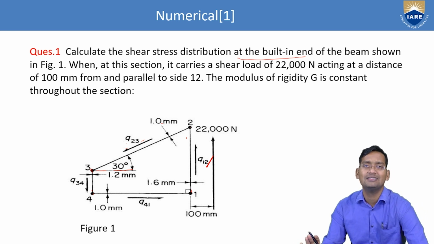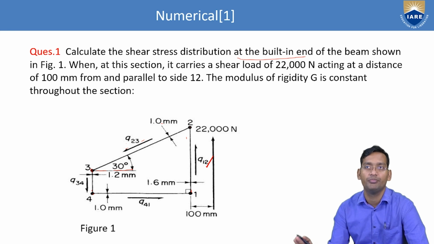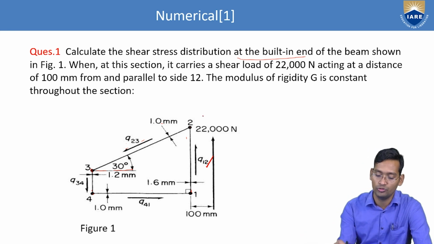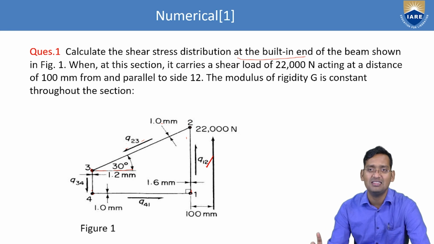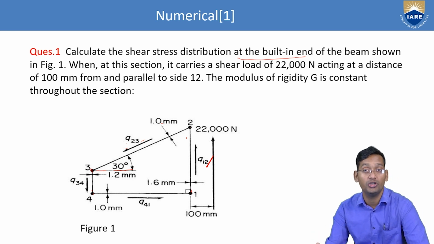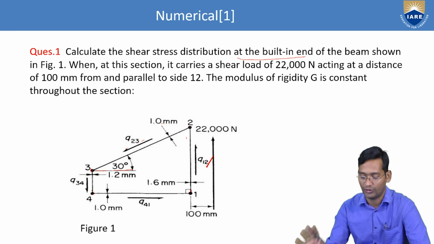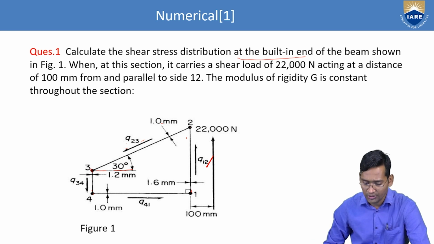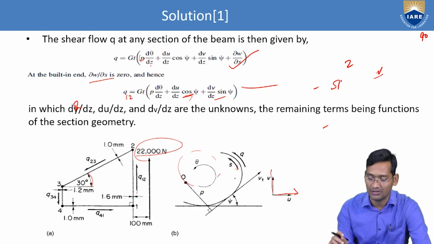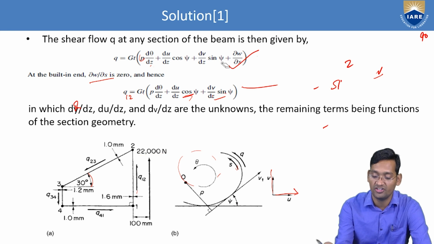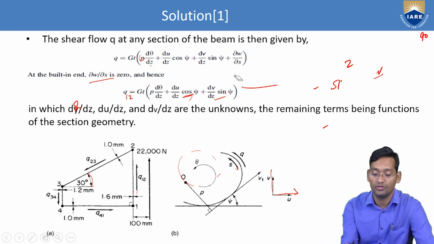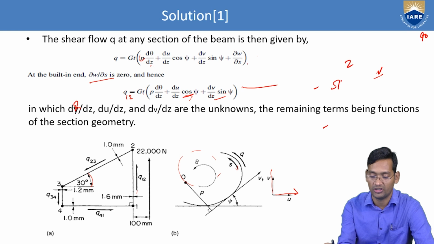So we have to find the shear stress distribution along all the beams, right? Means along 1 to 2, 2 to 3, 3 to 4, 4 to 1. Means Q12, Q23, Q34 and Q41. Okay. So for this the sign convention is required, and for this Q shear stress distribution we already had seen this one. So this will be the shear stress distribution, that Q formula.